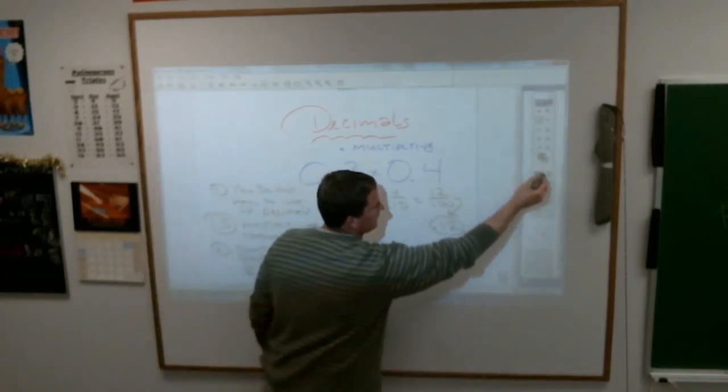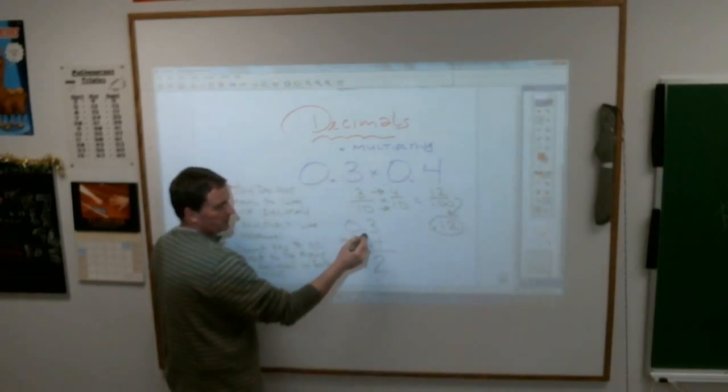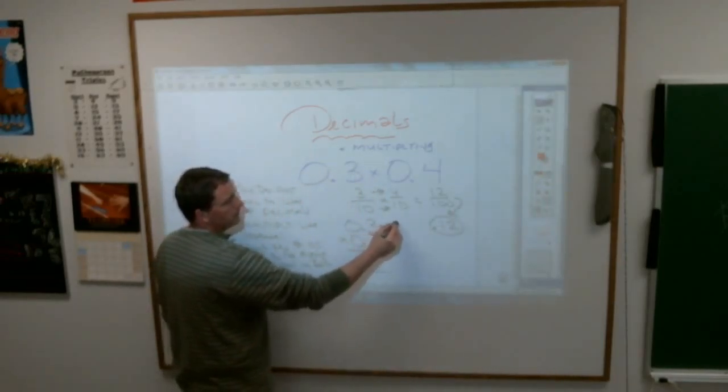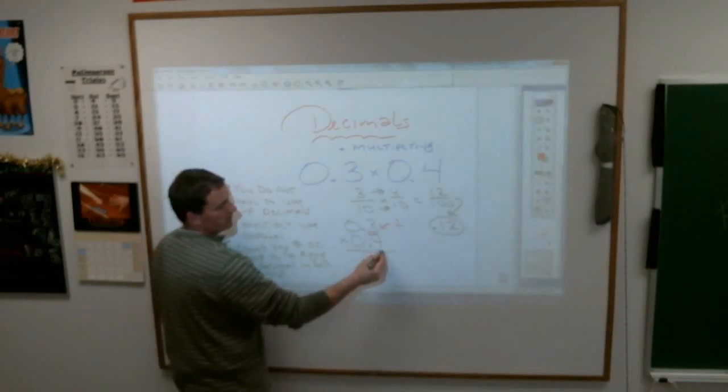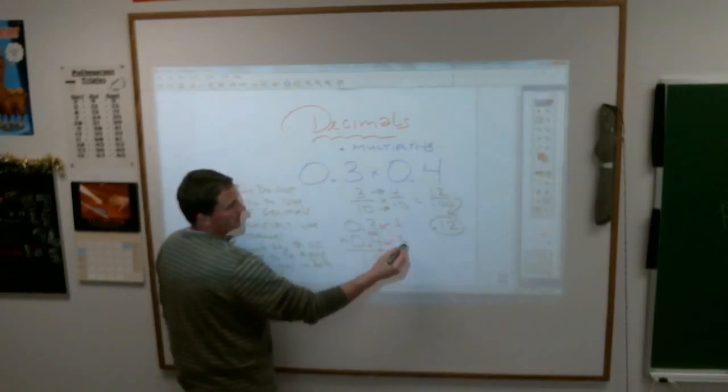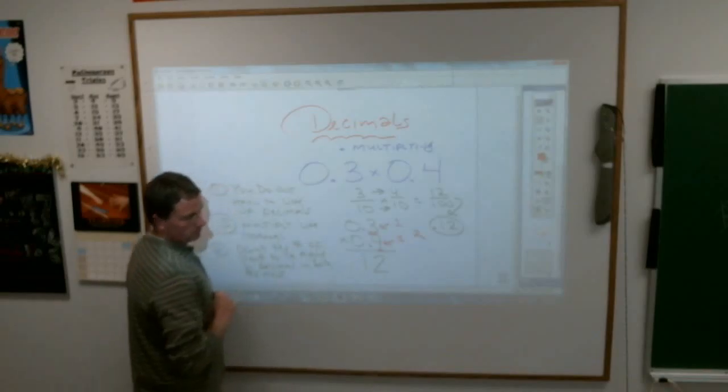That means this. I look at this number. How many digits are to the right of the decimal here? 1. How many digits are to the right of the decimal here? Another 1. That's a grand total of 2.